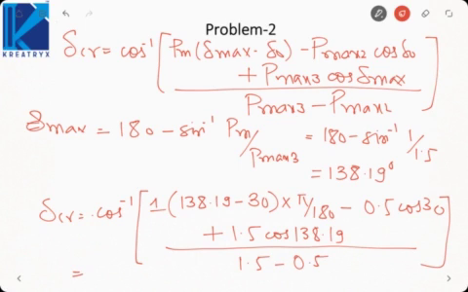This angle will come out to be 70.29 degrees. So this is the maximum angle at which the fault can be cleared. You can clear the fault before this, but not after this point of angle.